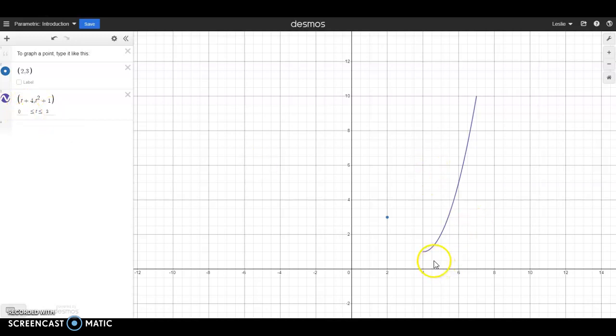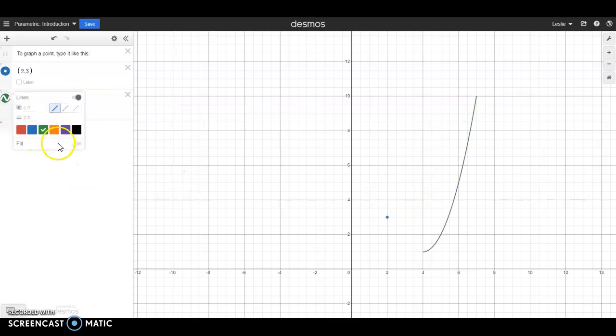Well, maybe not all of them, because there's an infinite number, but a whole heck of a lot more of them than I did. It's evaluating for many, many values of t between t equals 0 and t equals 3, plugging those values of t in and plotting a point for each x, y that results. So it's doing the same thing as we did in that first video. It's just doing it for a bunch more points, and then you can play with things like color and all that kind of stuff.